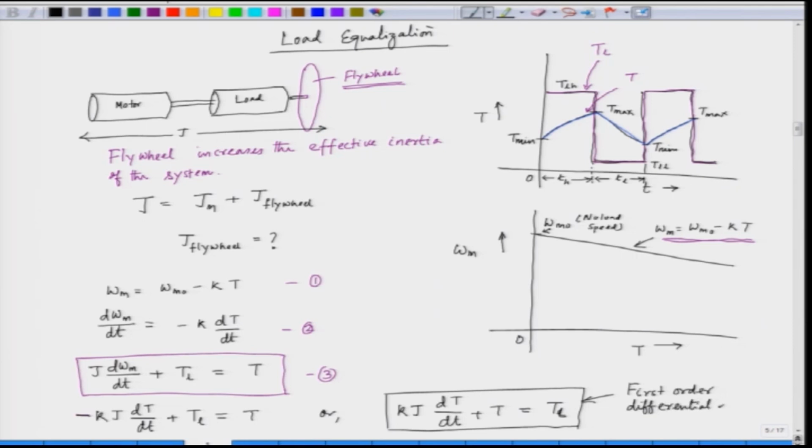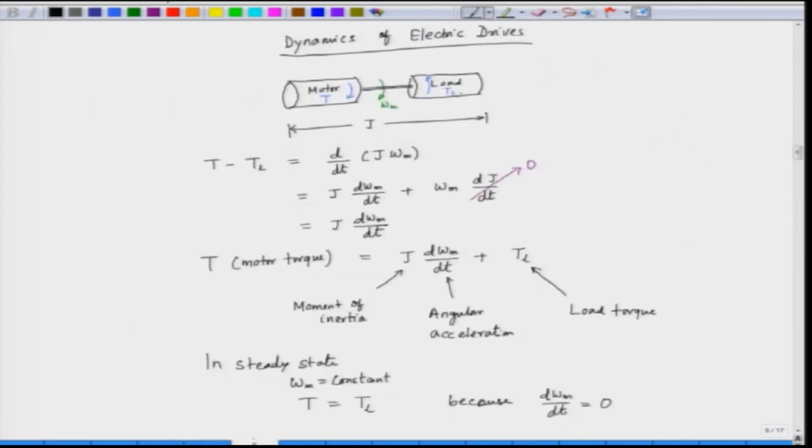And we need to solve this equation. Let us see how we solve it.